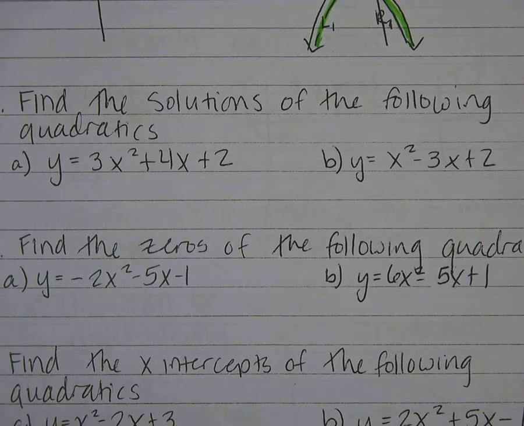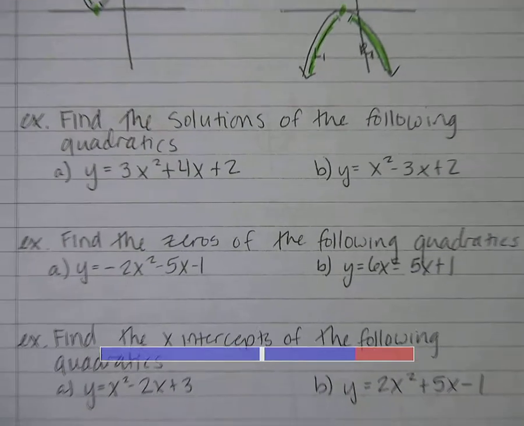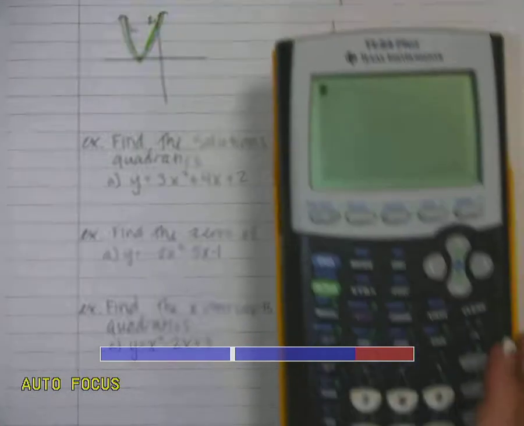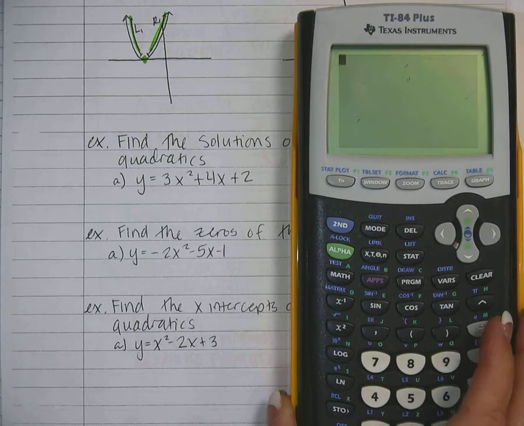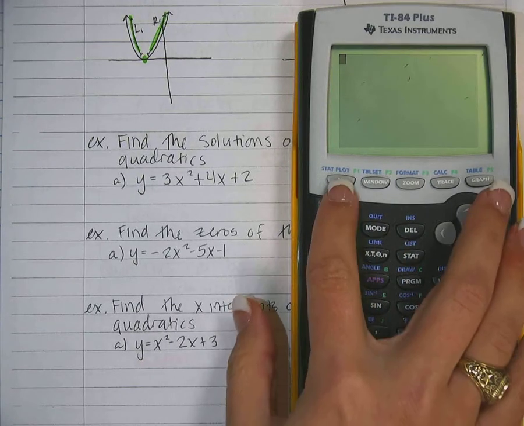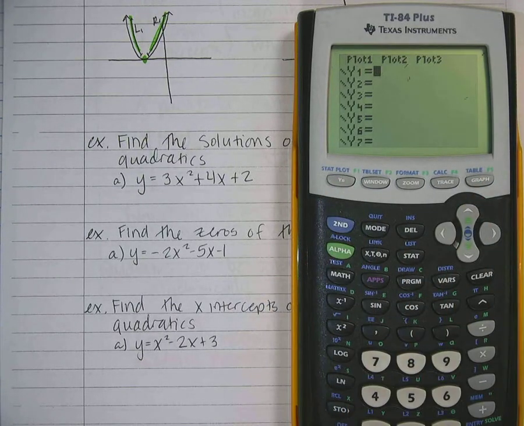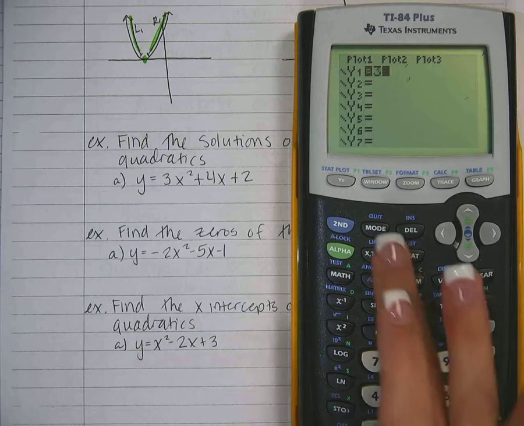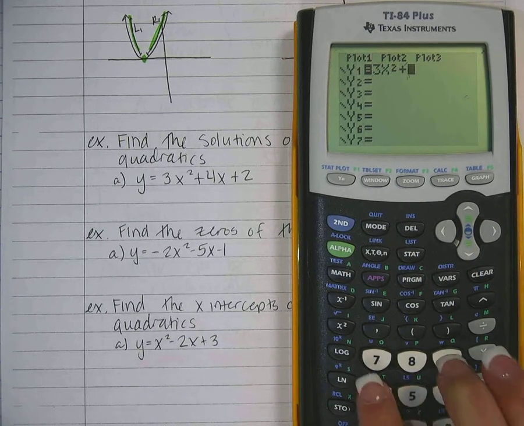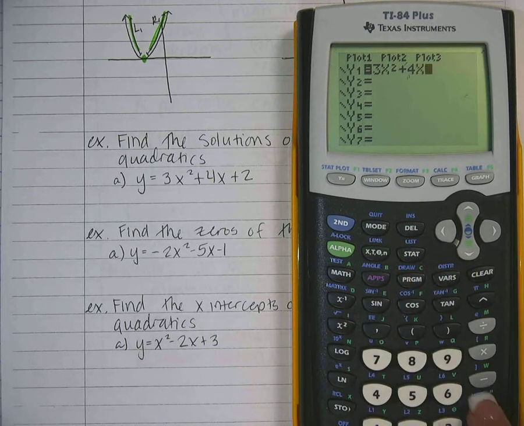My first one is y equals 3x squared plus 4x plus 2. Okay, so I'm going to start out by pressing y equals. And I'm going to put in 3x squared plus 4x plus 2.